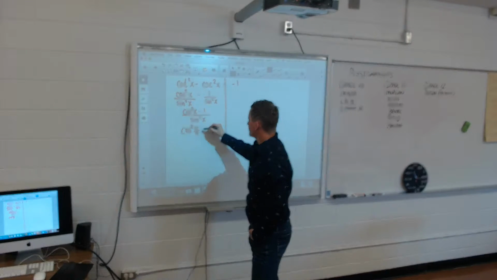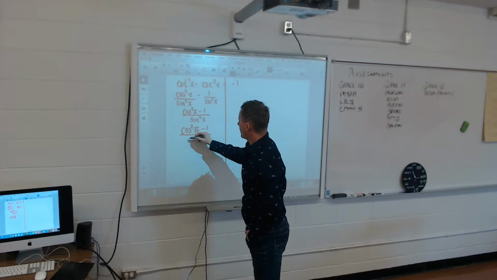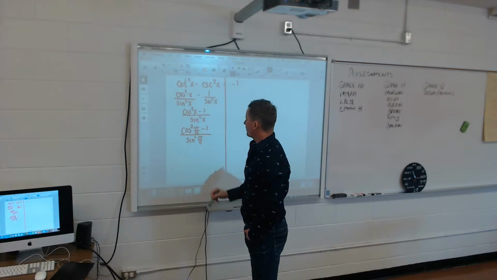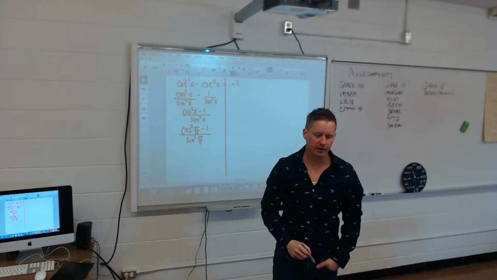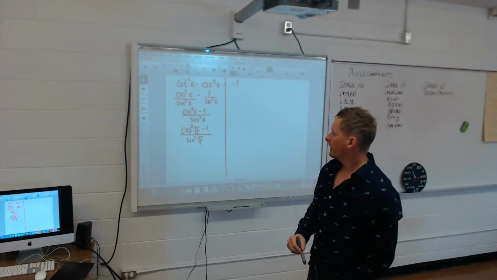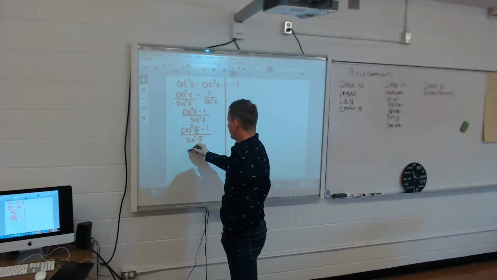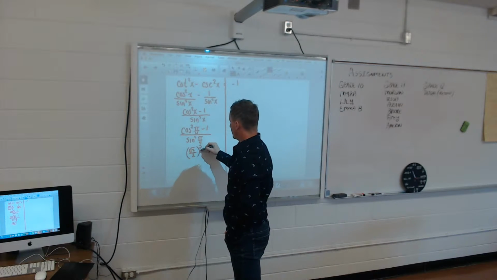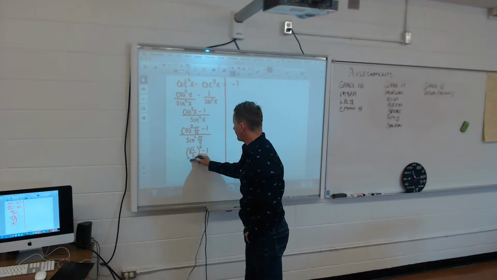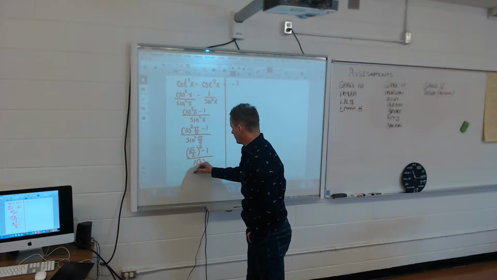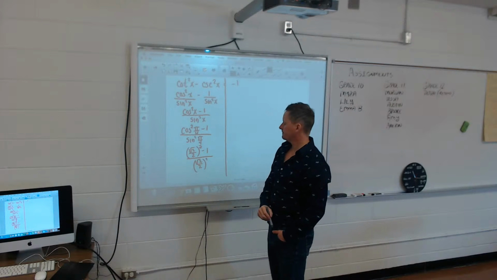Subtract 1 over sine squared pi over 4. Okay? So go to your unit circle now. And what's the cos value of pi over 4? Well, it's root 2 over 2, squared, subtract 1. And on the bottom, root 2 over 2 squared.